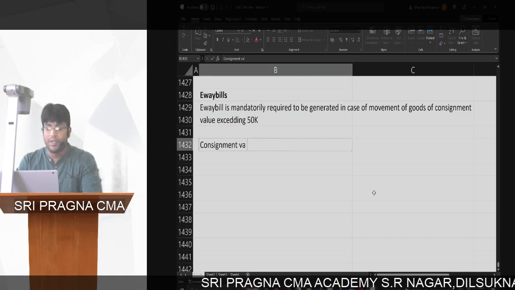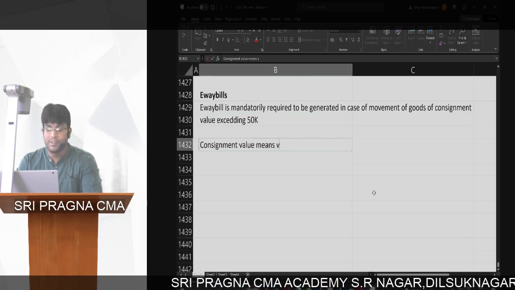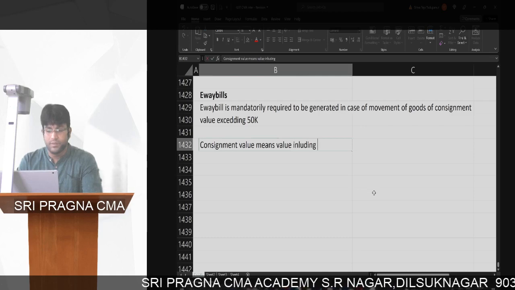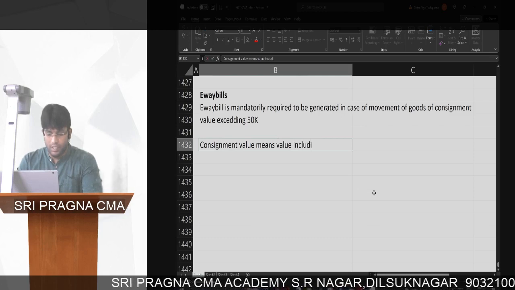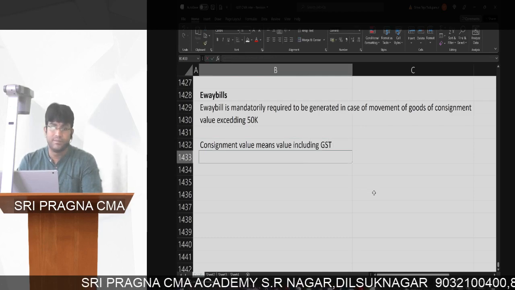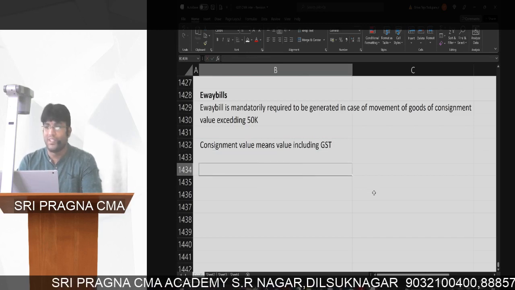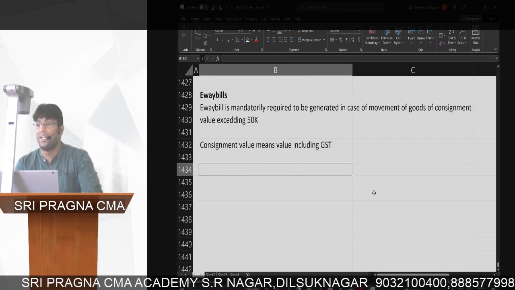And let me tell you an important point. Consignment value means value including GST. This point we discussed.